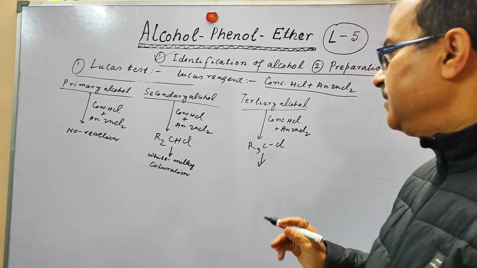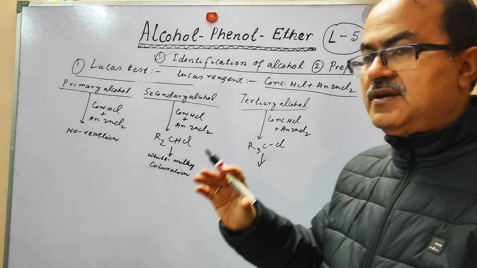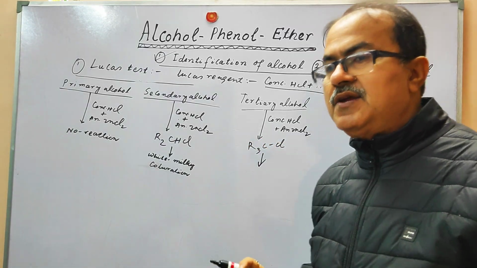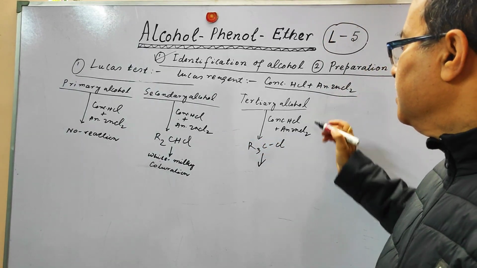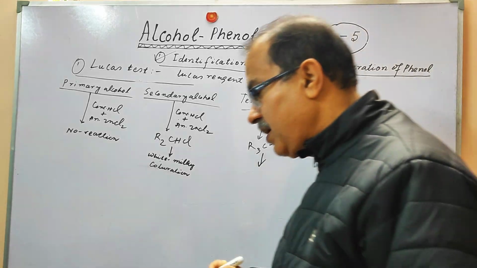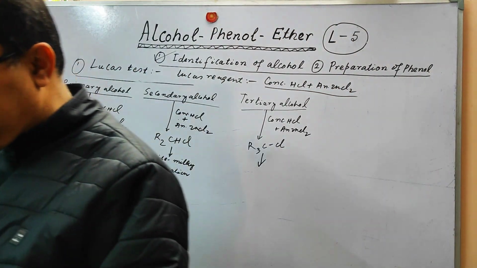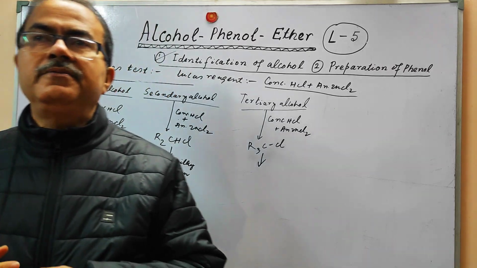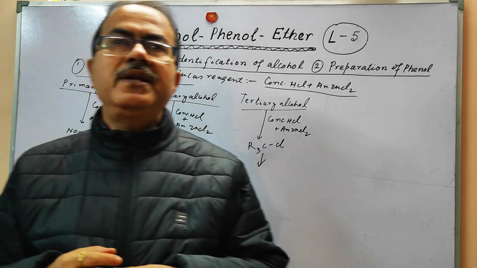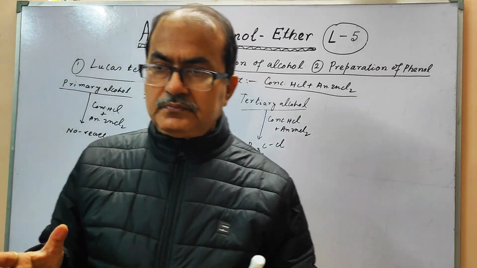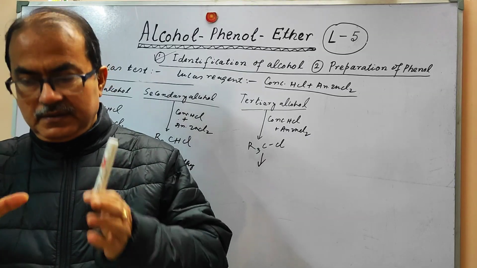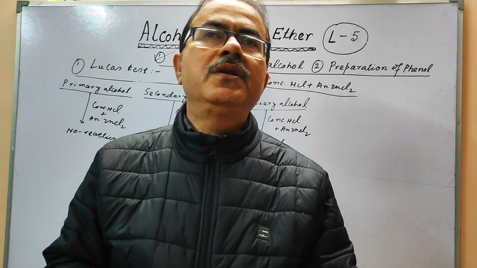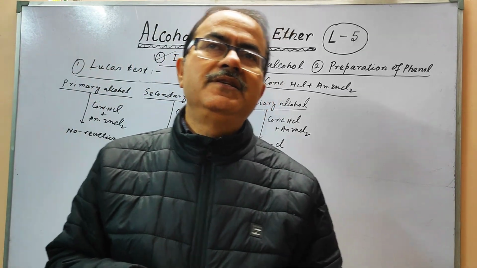We will find a white milky coloration that we will be able to understand with instantaneous effect. The color becomes milky white, cloudy, in the solution. So we will say this is a tertiary alcohol.